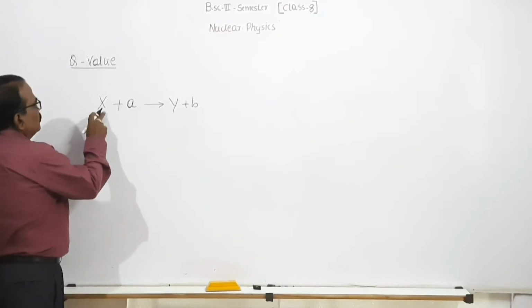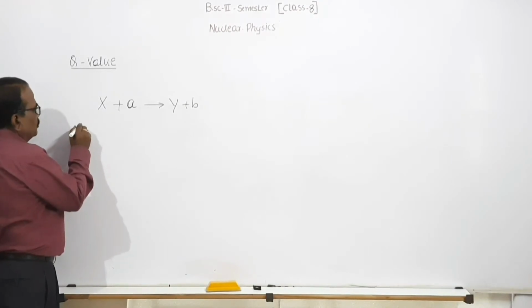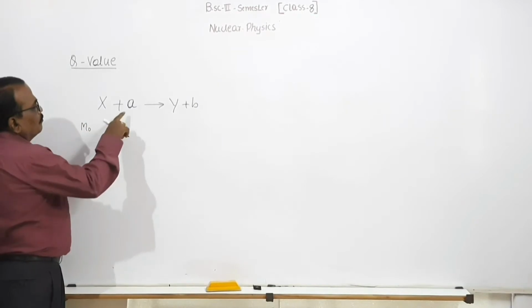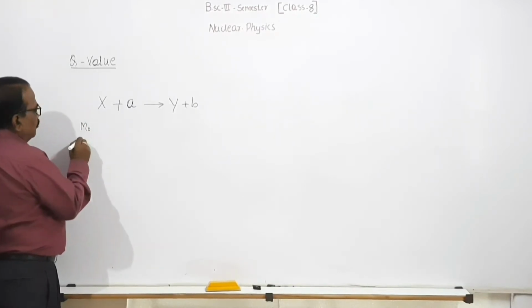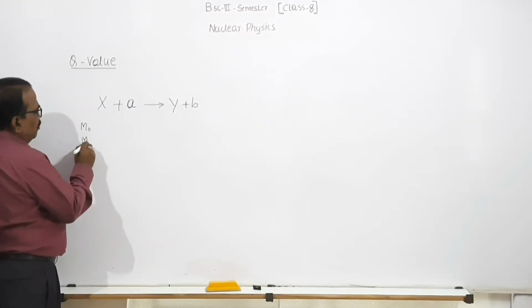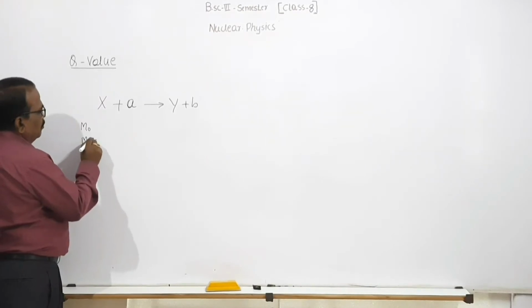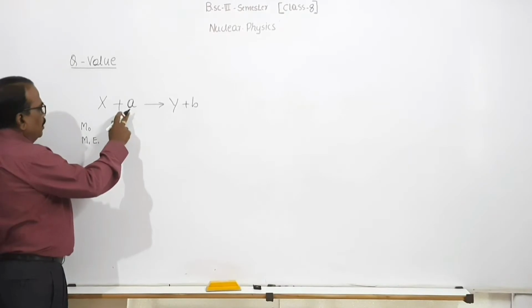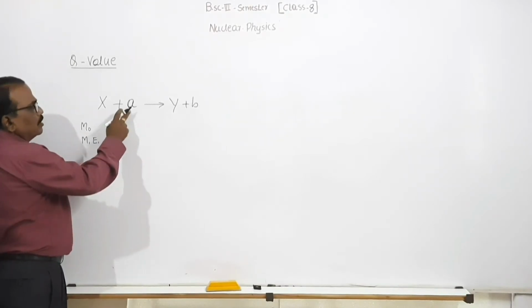Let the rest mass of x be m0. Then m1, E1 represents the mass of a and kinetic energy of a.